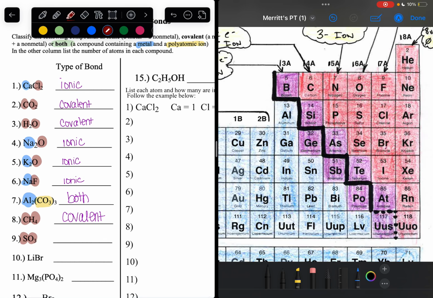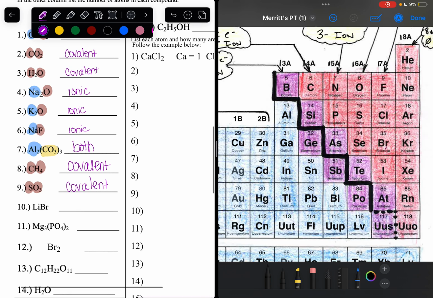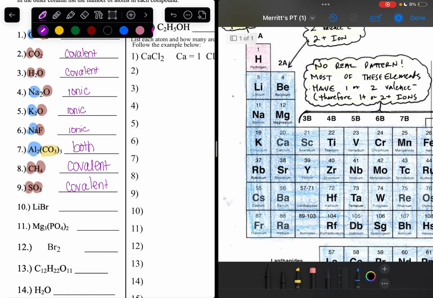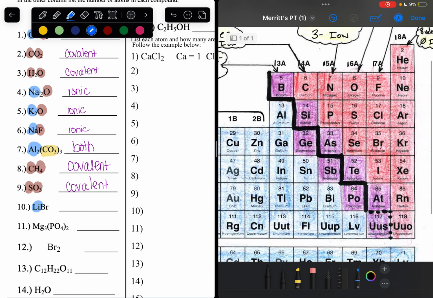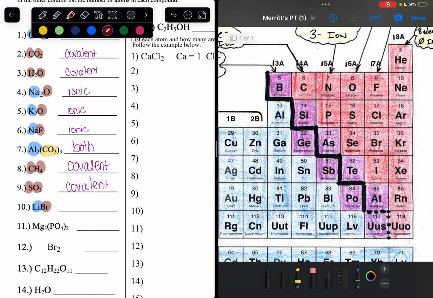Oxygen is a nonmetal. So number 9 is covalent. Lithium is a metal. Bromine is a nonmetal. A metal and a nonmetal bonded together is ionic.